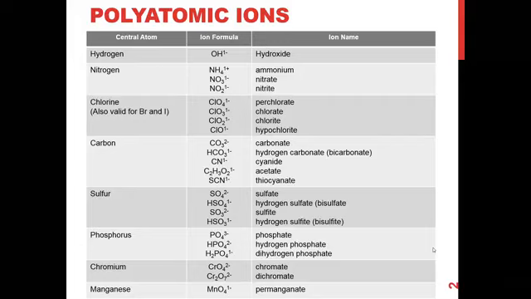When looking at the formula, don't forget to take note of the ion's charge. To help you remember these ions, they are sorted by common central atom, meaning the atom found in the center of the ion.